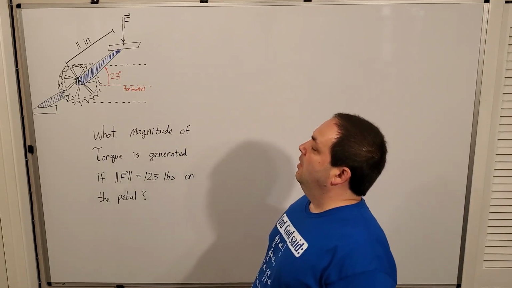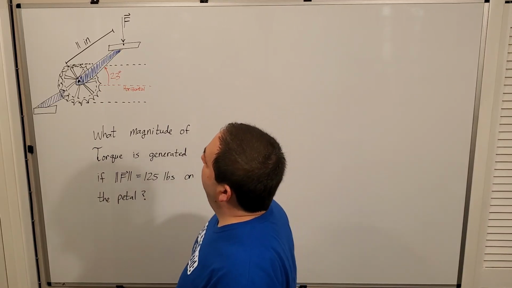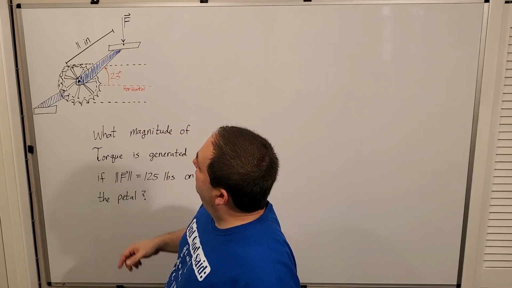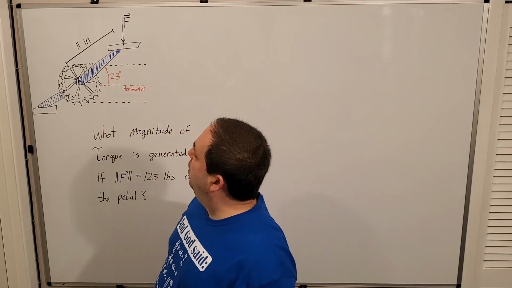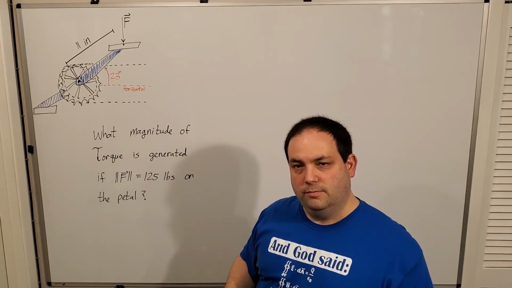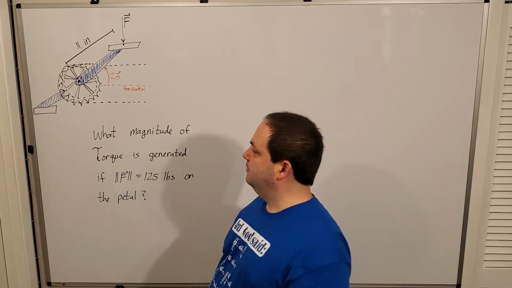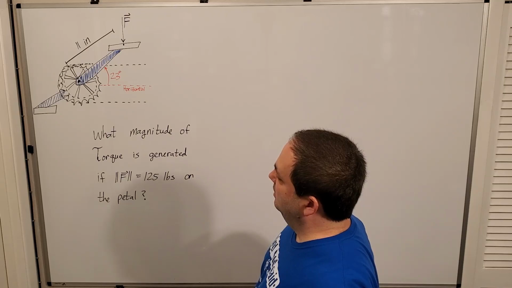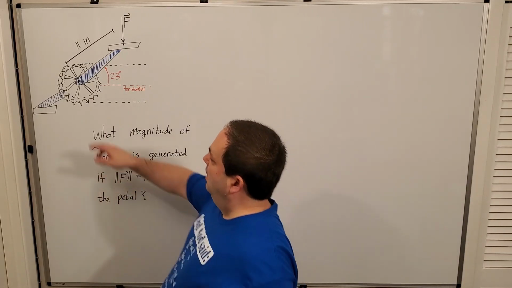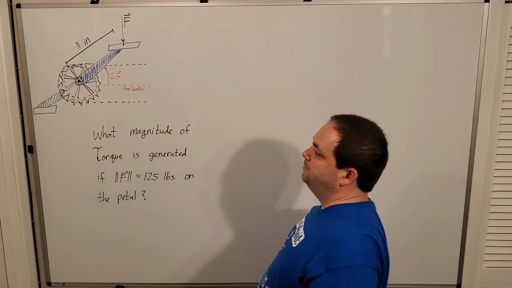At the moment that they're putting the force down on the pedal, the crank of the pedal is at a 23-degree angle from the horizontal ground. In other words, you could have the ground right next to it, so to speak. So what kind of torque is being generated at the crank right here is what we're talking about.